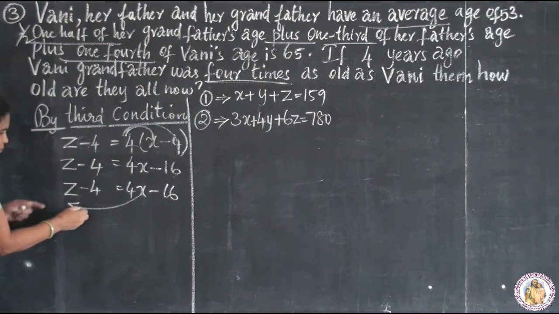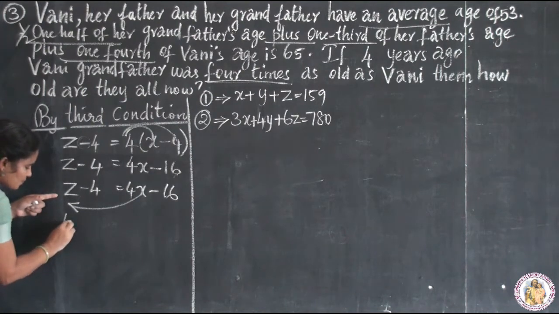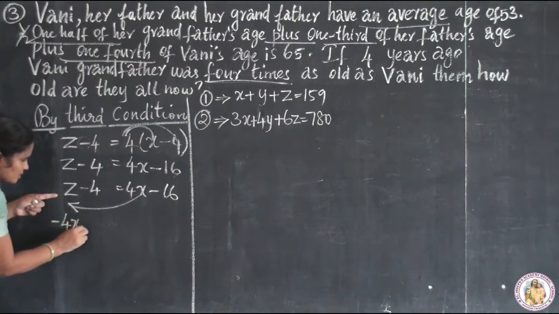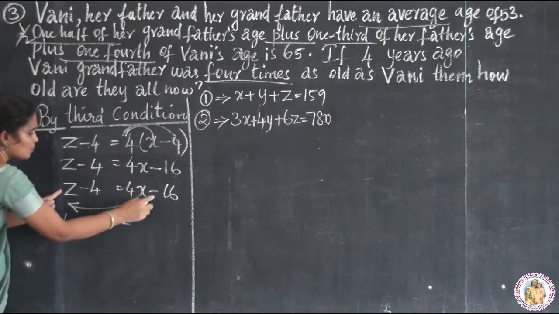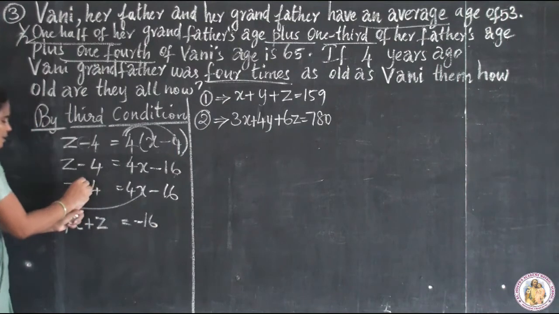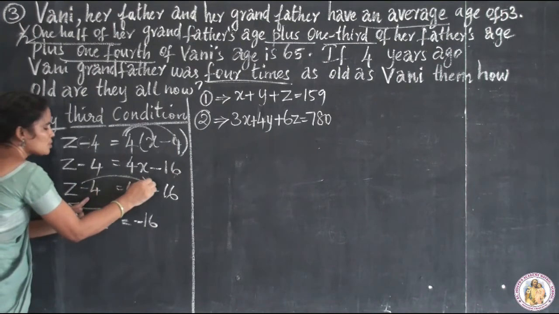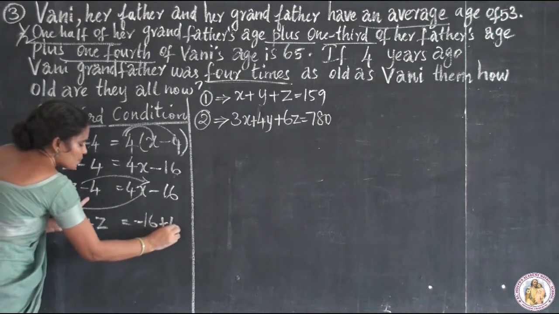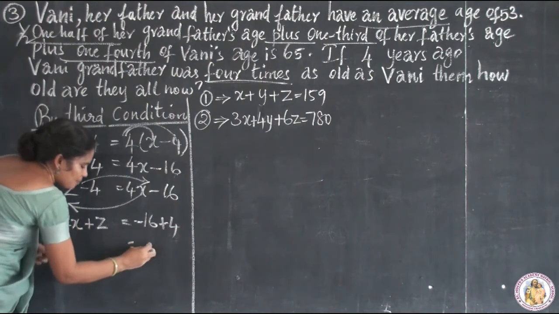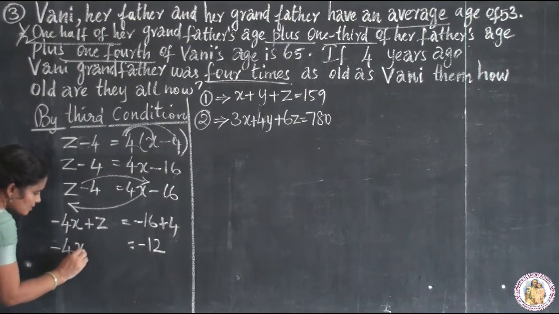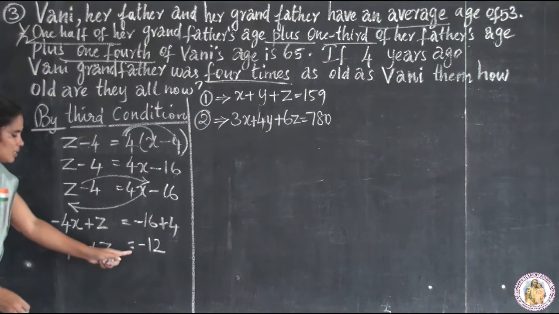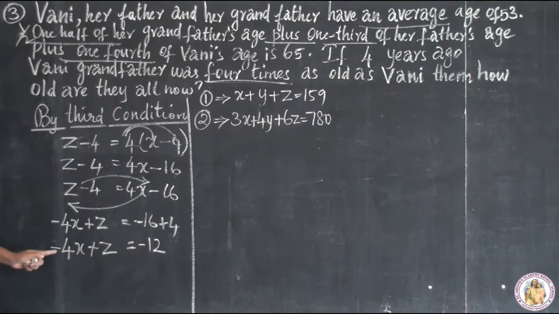Taking 4x to the left side, plus 4x will become minus 4x. So minus 4x plus z is equal to minus 16 plus 4, minus 12, and minus 4x plus z is equal to minus 12.